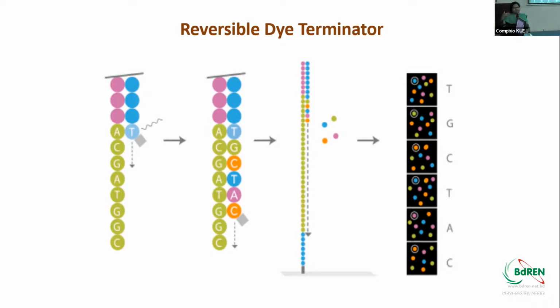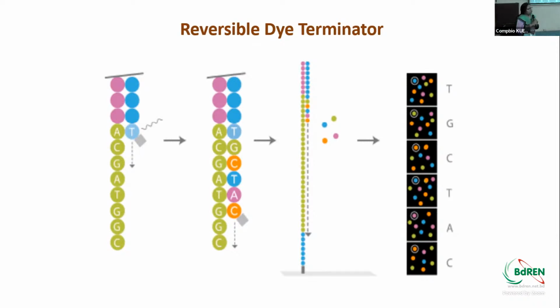In Sanger sequencing, we also use a dye terminator, but that was irreversible. But this one is reversible because it will make this place empty. I mean, it will give the place to another DNA to come and amplify. And one by one, dNTPs will come with the fluorescent tag, and when it is joined in the synthesis, the dye will fluoresce.